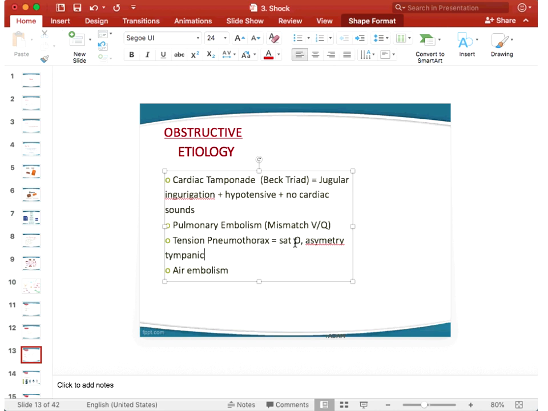And besides, you will see the trachea deviated to the other side of the affected side. I mean, the affected side will be full of air, and it will be pushing the trachea to the other side. And also, we can see some jugular ingurgitation as well.